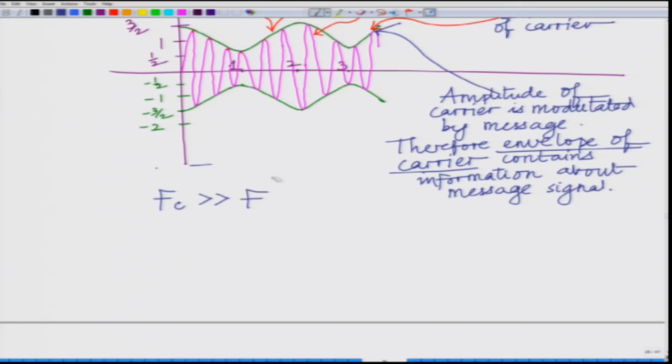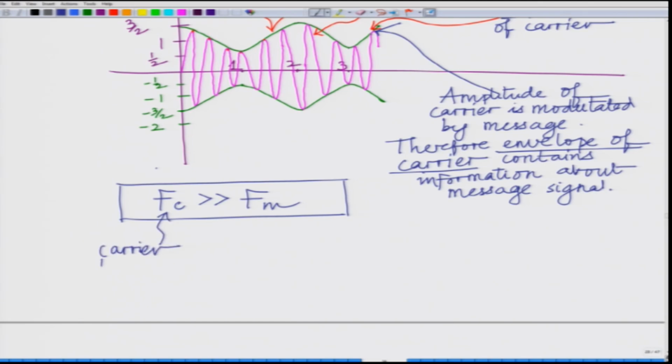Fc is your carrier frequency. Of course, we are considering a pure sinusoid.